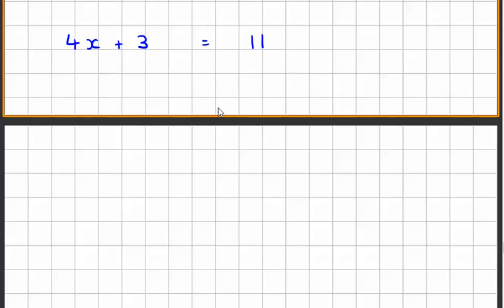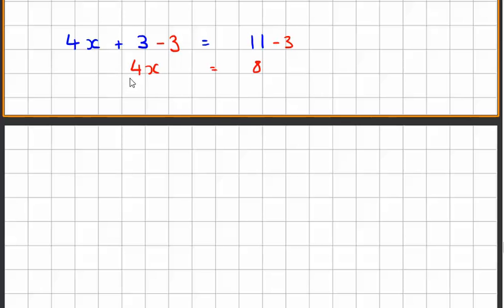Minus 3, because we added 3, so the first thing we should do is take away the 3. So we take away the 3 that side as well. So we end up with just 4x equals 8.